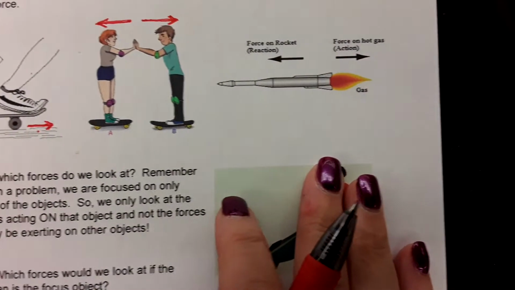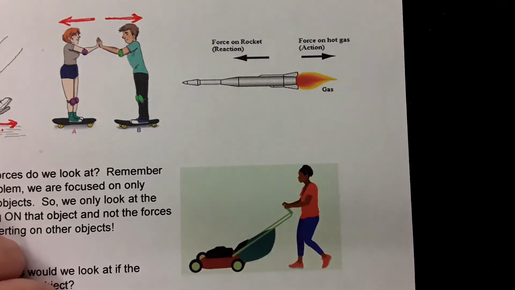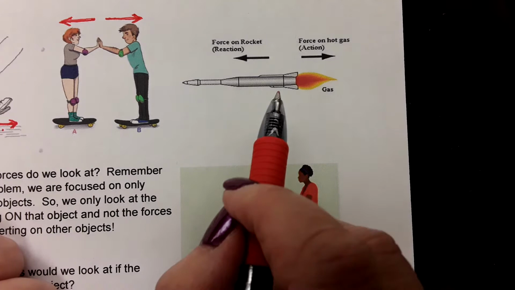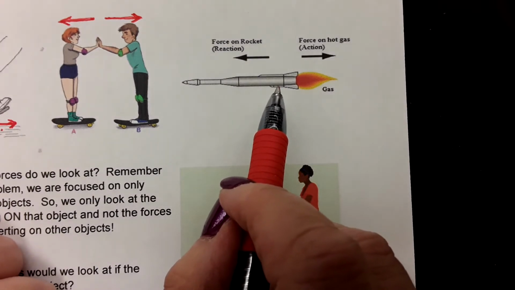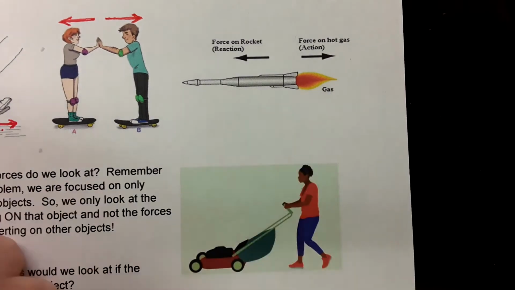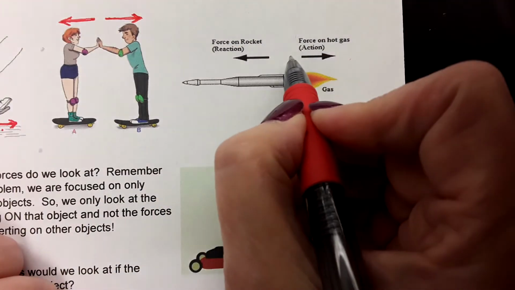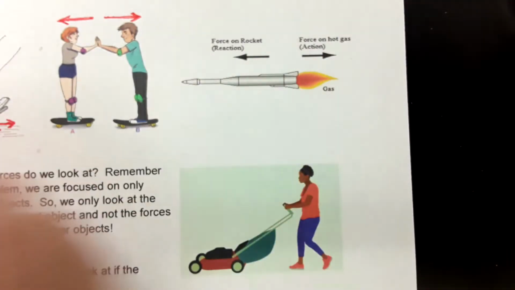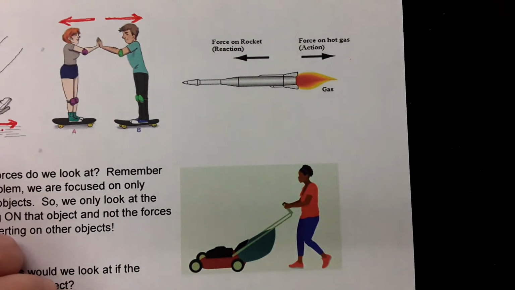Okay, now let's look at this. Here's a rocket. Here's how rockets are propelled forward. The engine of a rocket takes the fuel and burns it, and it gets expelled out the end. Well, the force of the hot gas being expelled out the end has a reaction force of pushing the rocket forward. How about that?